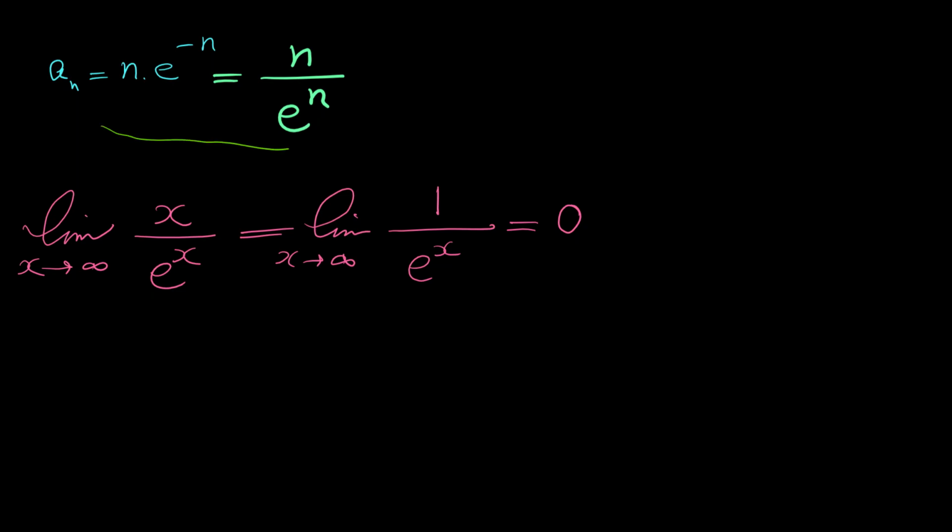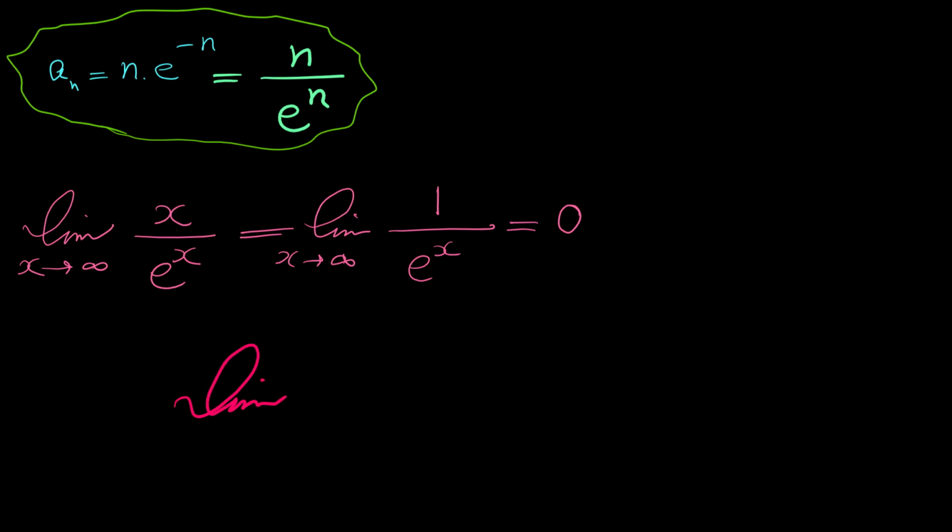Let me generalize this example for you and tell you a general fact that you can keep in your head. It's really helpful for finding other similar limits. The limit as n approaches infinity of n, like here, or n to any power: n to the power of 2, n to the power of 3, n to the power of 1 billion, it doesn't matter, n to the power of p, where p can be any number.